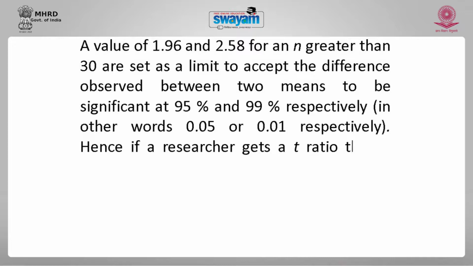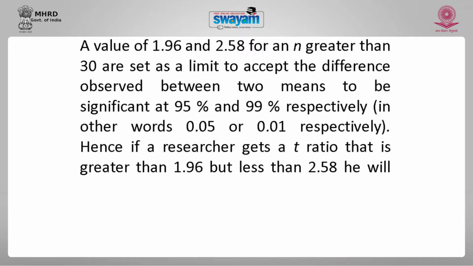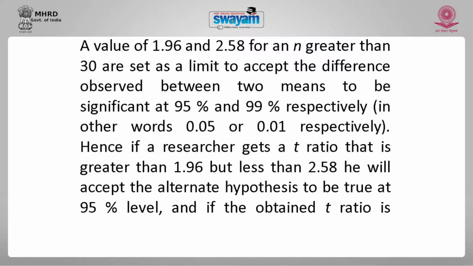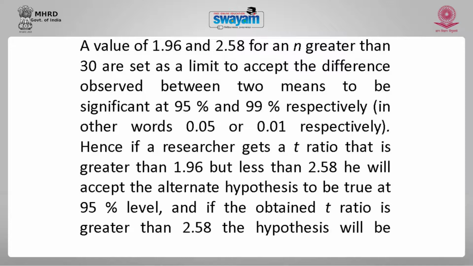Hence, if a researcher gets a t ratio that is greater than 1.96 but less than 2.58, he will accept the alternate hypothesis to be true at the 95% level, and if the obtained t ratio is greater than 2.58, the hypothesis will be accepted as true at the 99% level.